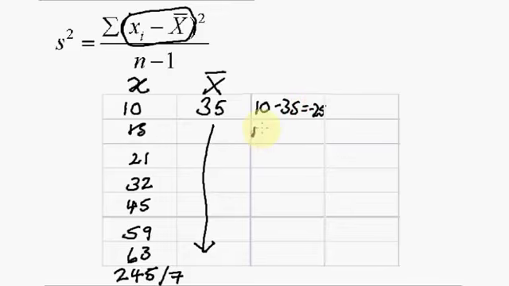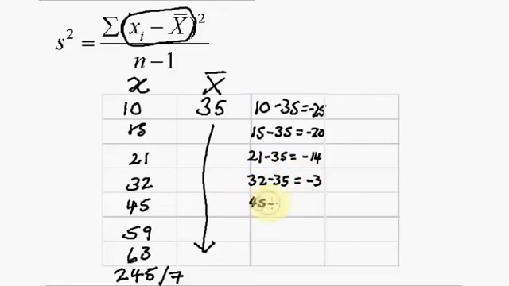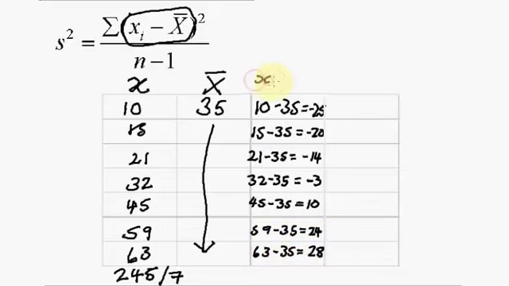And I'm going to work my way down the column, just subtracting the mean from my x value. So I've worked out my x value minus the mean.